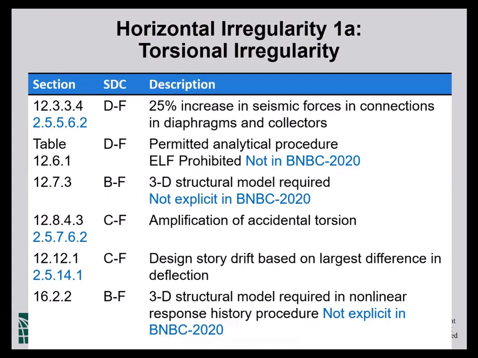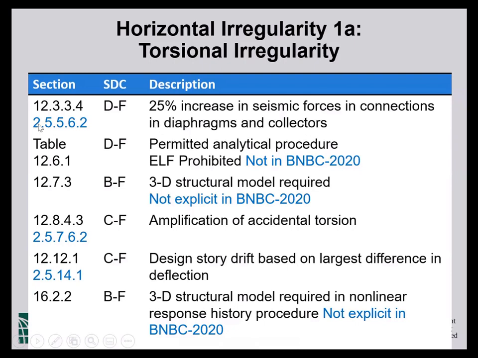Okay. Now, if we have torsional irregularity, ASC 705 invokes all those sections of ASC 7, and we will take a look at those. First one is 25% increase in seismic forces in connections in diaphragms and collectors, something that we just went over.